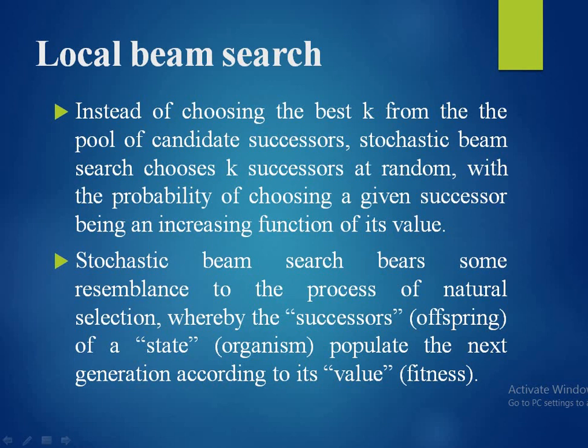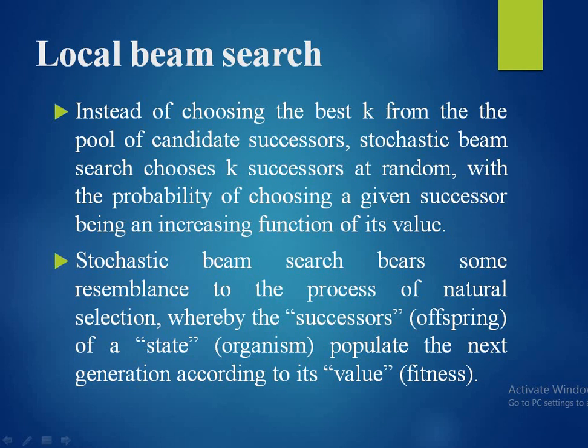So instead of choosing the best k from the pool of candidate successors, stochastic beam search chooses k successors at random, with the probability of choosing a given successor being an increasing function of its value.